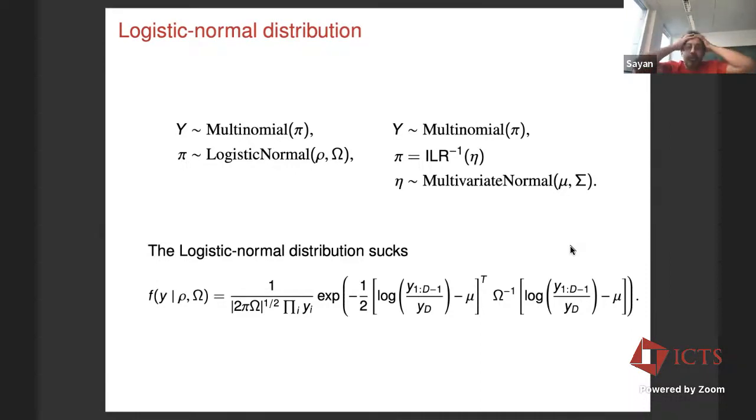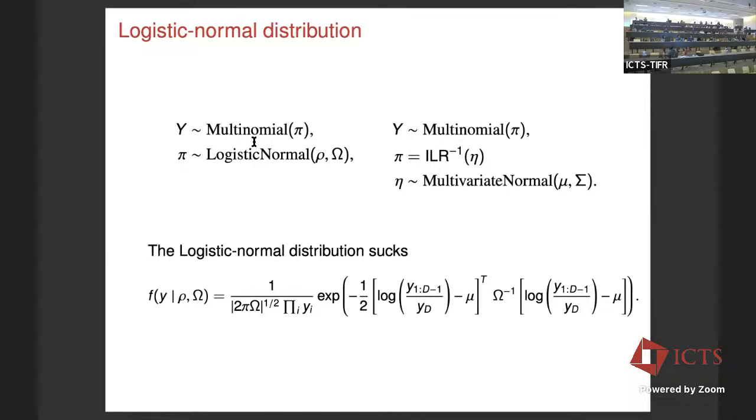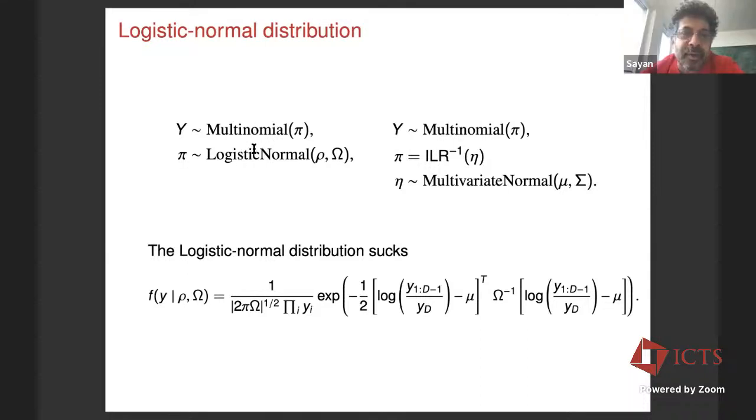So what we worked through and observed is that this thing here, can you guys see my mouse? Yes, we can see it. Yeah, okay. This thing here on the left is a classical way people have modeled noisy count data, right? You have a multinomial and the probabilities are logistic normal.